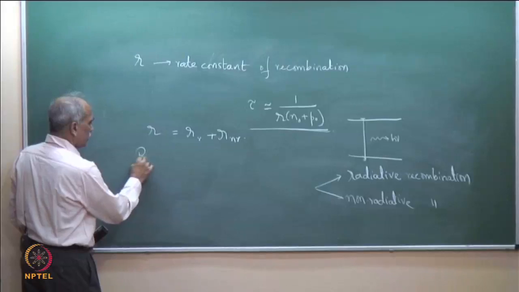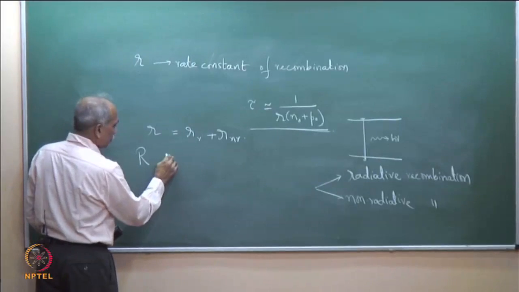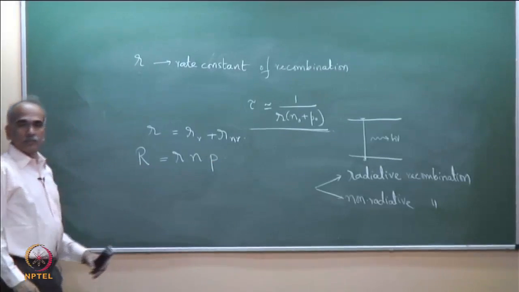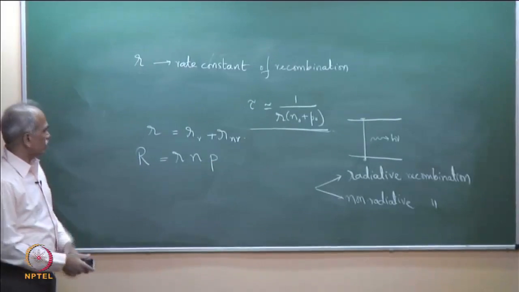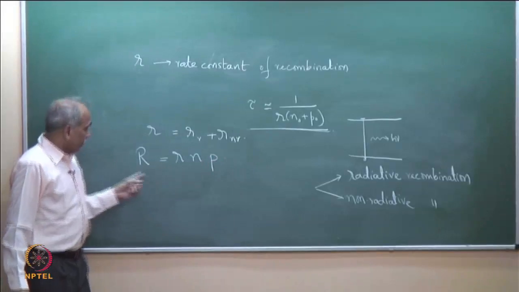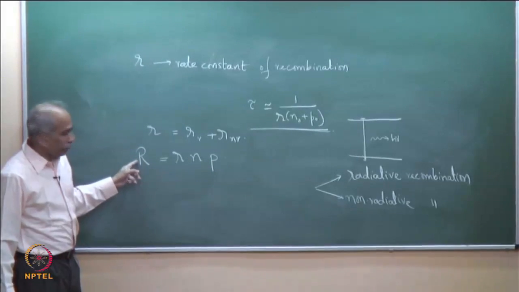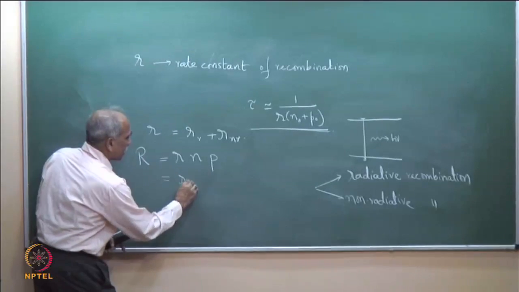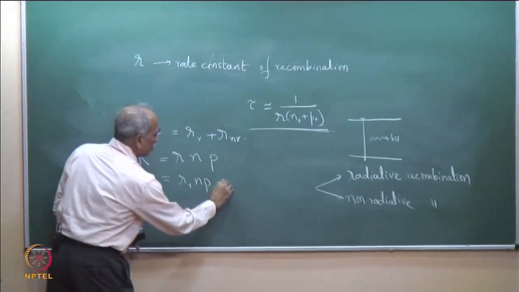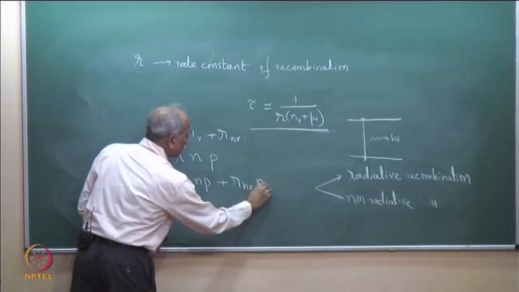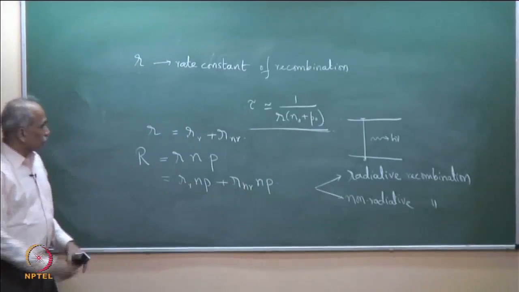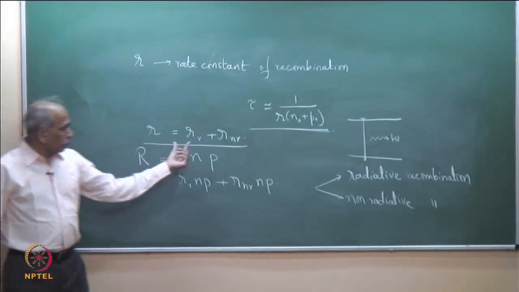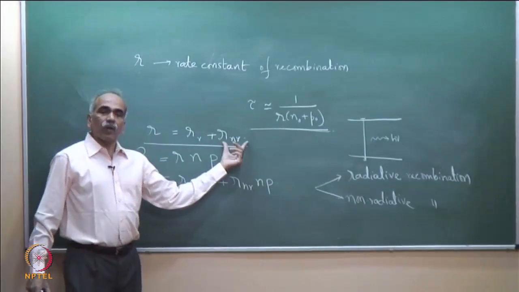Recombination R, please see this, recombination R is proportional to R into N into P. If the recombinations comprise of radiative and non-radiative, then I will have to write this as RR into NP plus RNR into NP. So, this is the meaning when I write like this, that the rate constant will comprise of a radiative part and a non-radiative part.